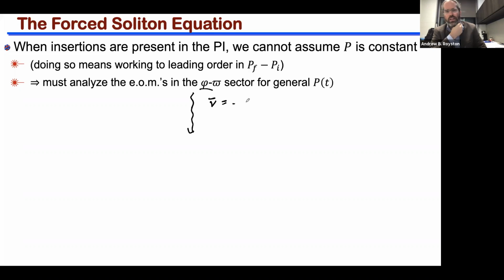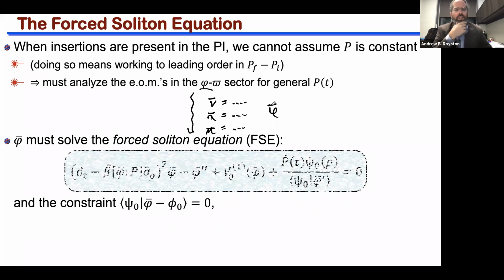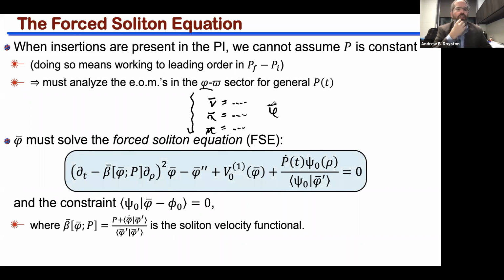We're just analyzing the equations of motion, and you can solve for the other fields in terms of the coordinate field, and then you get an equation of motion for the coordinate background phi bar. It just took us some time to figure out the right way to phrase and understand things, but no tricks.